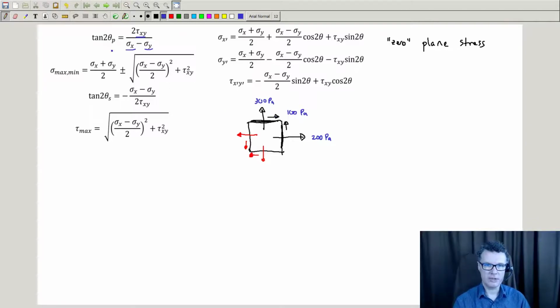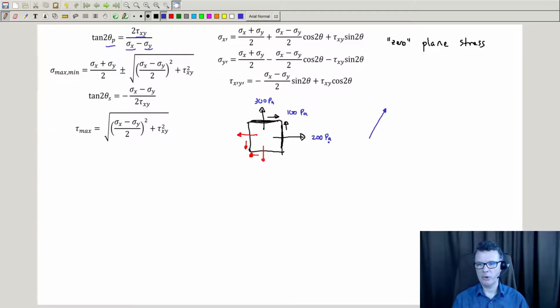So what does this value here give me? That value there will tell me where the principal compressive or tensile stress is acting. So in this particular case, if I put the numbers in, I would imagine I'm going to get an angle going off in this direction.